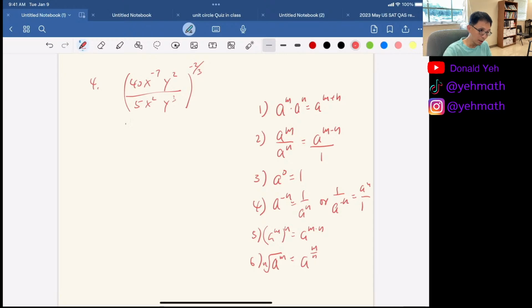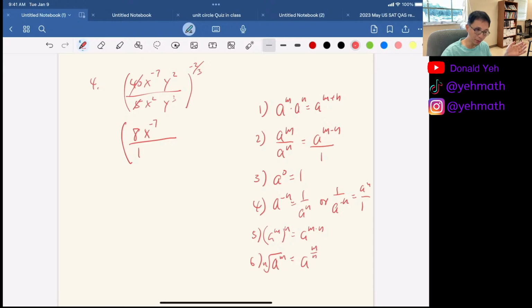Then you can actually simplify the 40 and 5. This is equal to 8 over 1. If you are struggling, write down that 1. It doesn't matter where you place it, but there's a 1 there. And this is x to the -7.